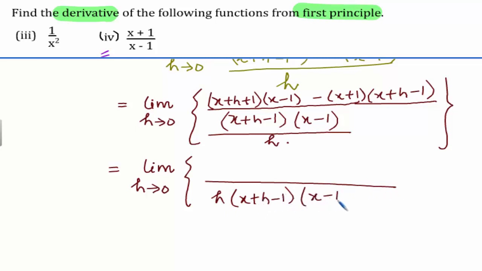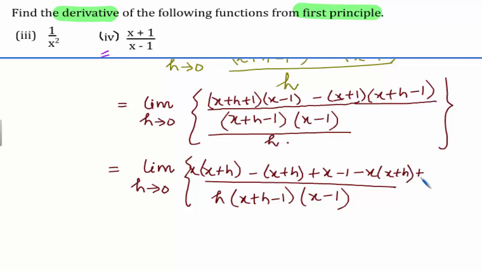Multiplying x plus h first with x minus 1 we get x plus h into x, then we have minus of x plus h, then multiplying 1 with x minus 1 we get plus x minus 1. Now multiplying x with x plus h gives x into x plus h, and multiplying x with minus 1 gives minus x, and minus into minus is plus, so we have plus x.